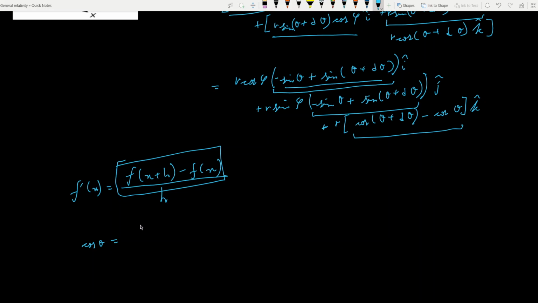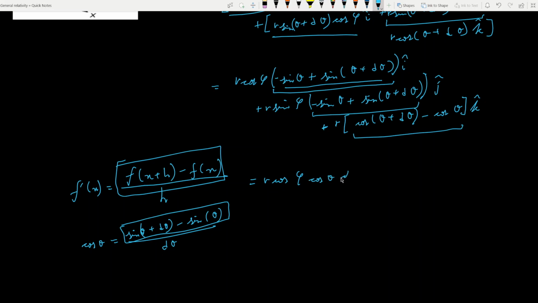When we have cosine theta, and f of x is just sine theta, and f of x plus h is just theta plus d theta, and then we have divided by d theta. Right, so this term right here, sine of theta plus d theta minus sine of theta, is just basically d theta times cosine of theta.